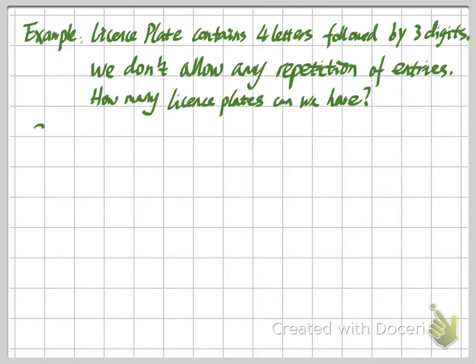In fact, this is a question about the permutation of a subset. Here we can divide the question into two parts. The first part is the first four positions, in other words, the letters. We want to choose 4 letters from the total of 26 letters.